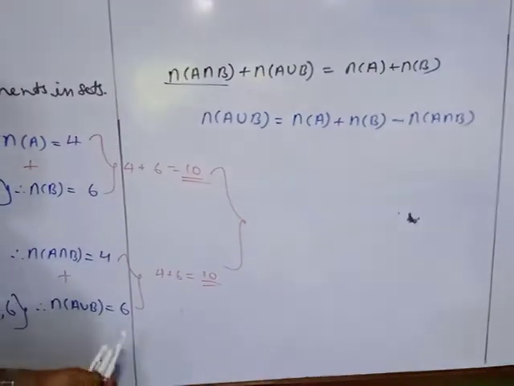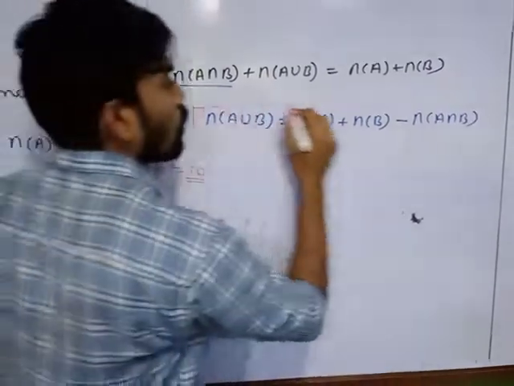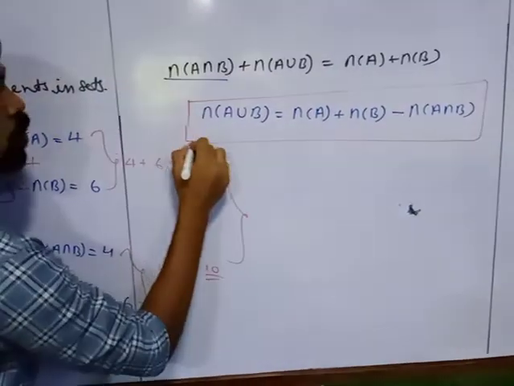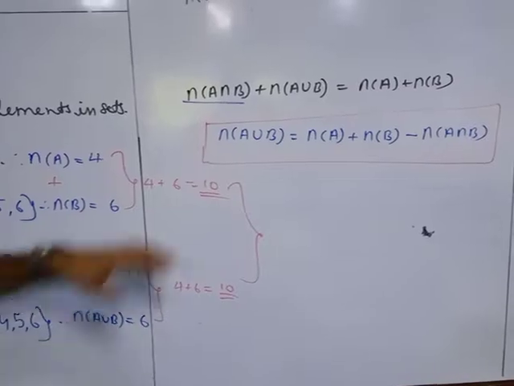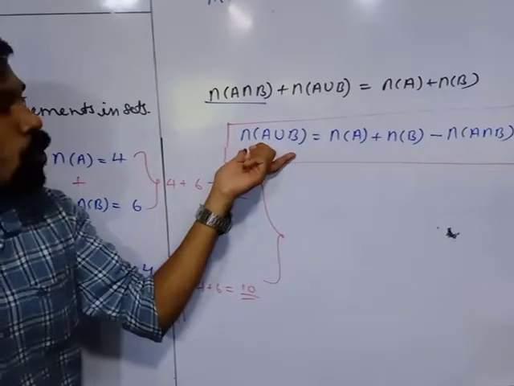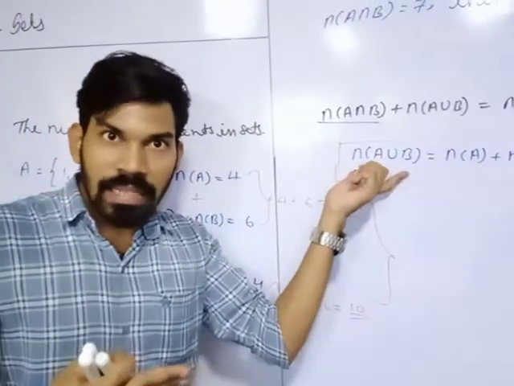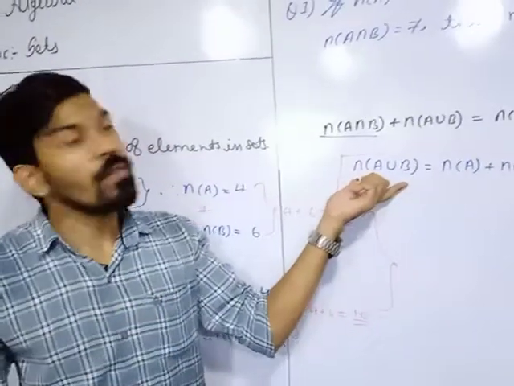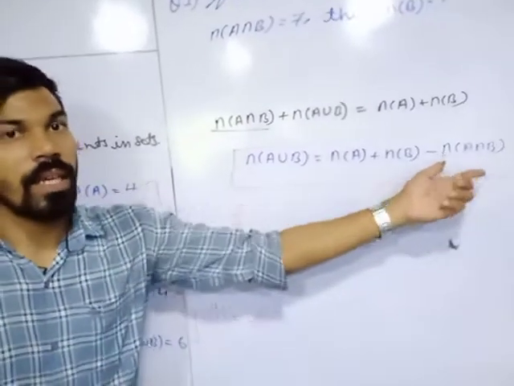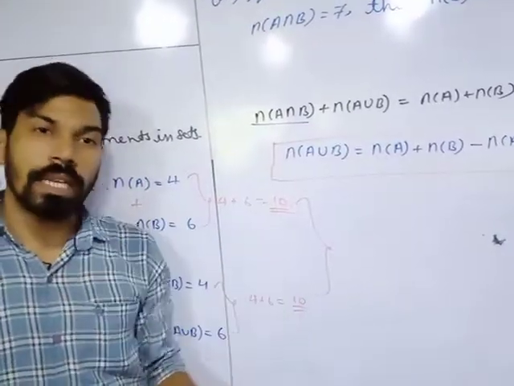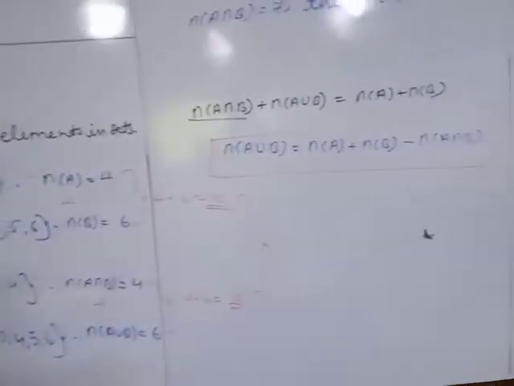So this way we generated the formula to find the value of n(A union B). This way, if we have any 3 of these 4 values, n(A union B), n(A), n(B), n(A intersection B), we can easily find the fourth one.